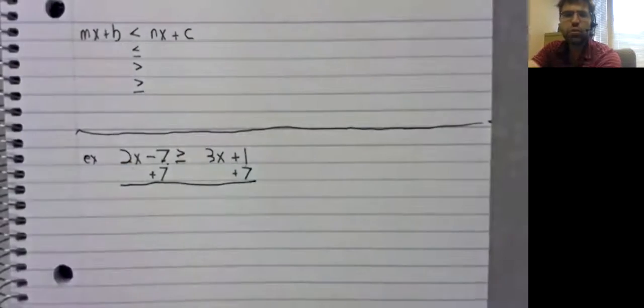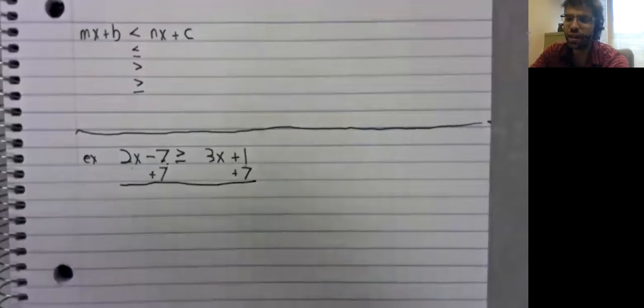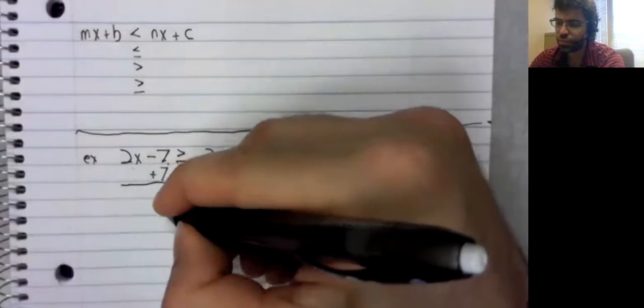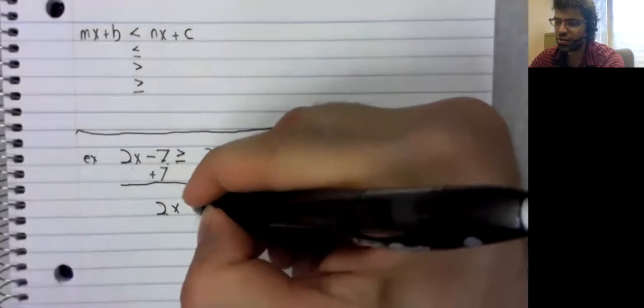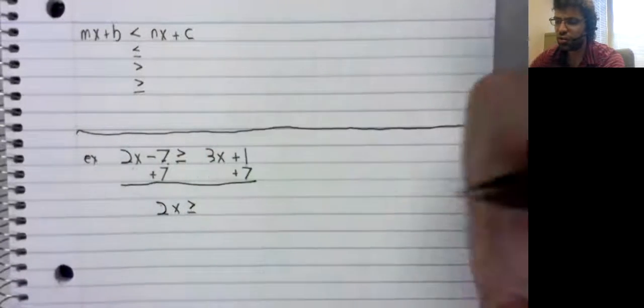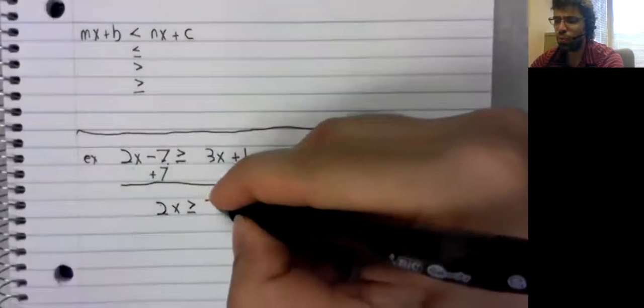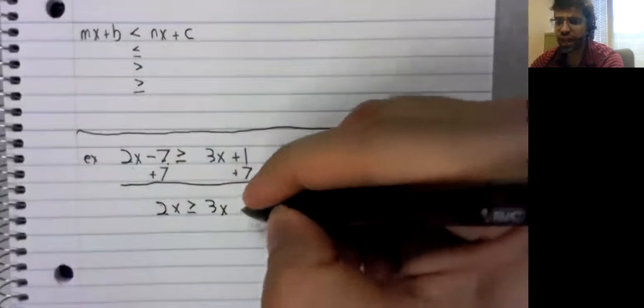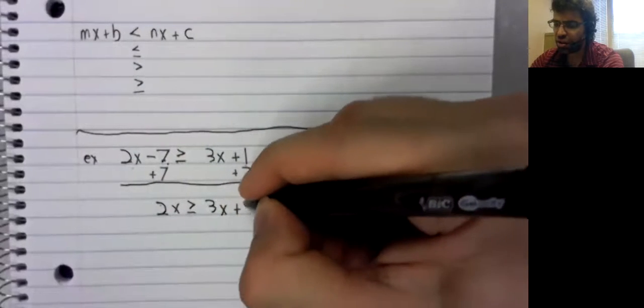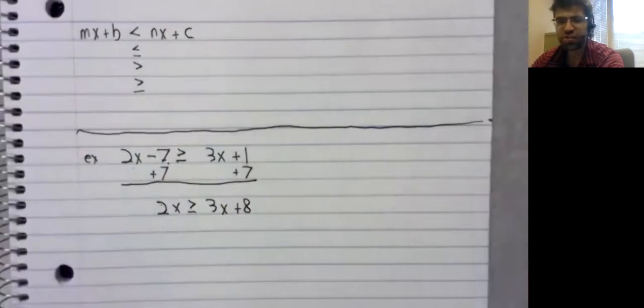We can add or subtract the same thing to both sides. It doesn't matter whether it's positive or negative. 2x is greater than or equal to 3x plus 8.